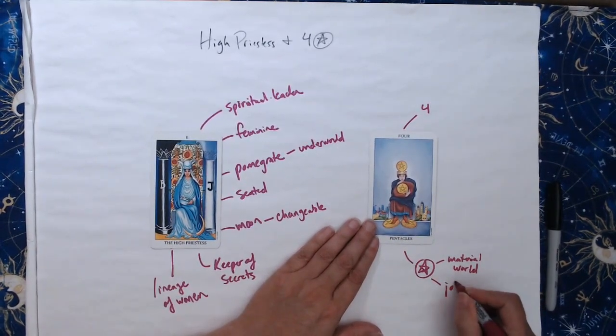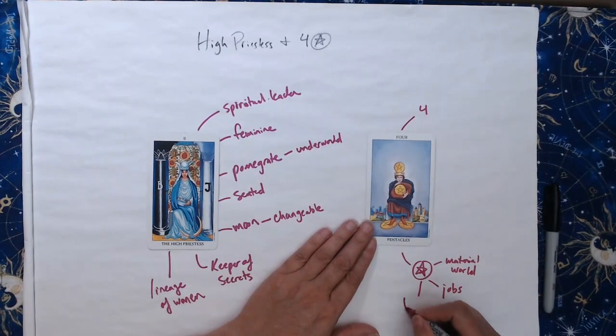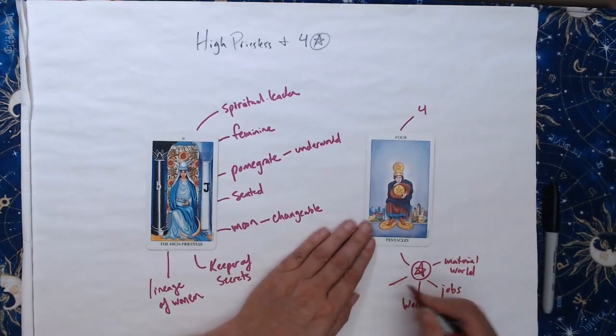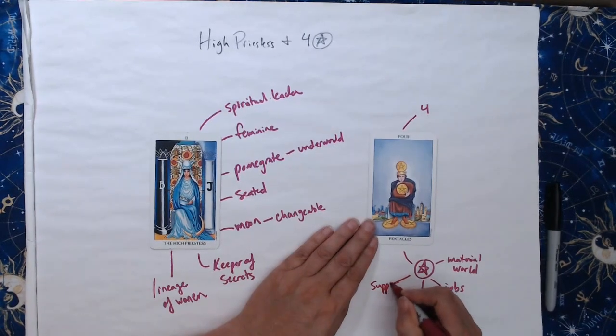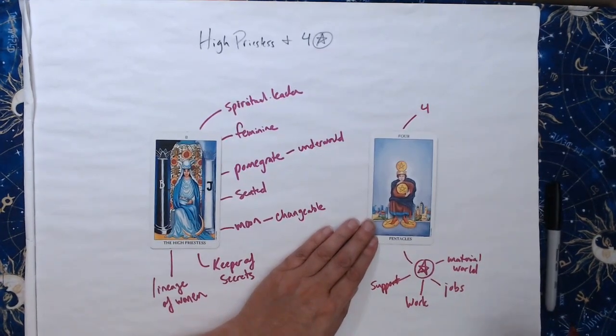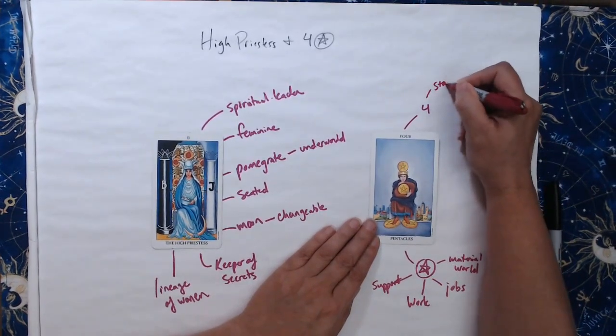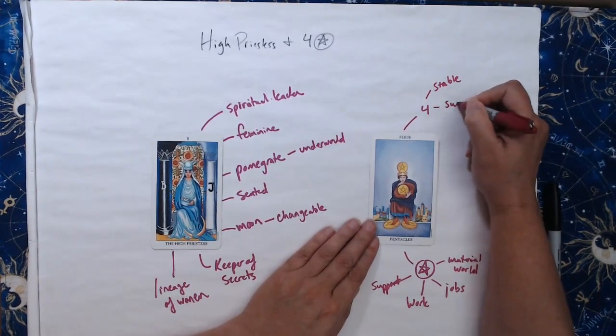It can be about jobs, it can be about work, it can be about support. These are pentacle keywords. The fours are stable. They're about support also.